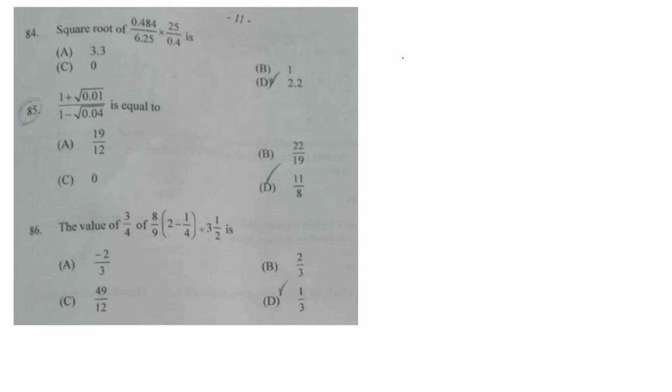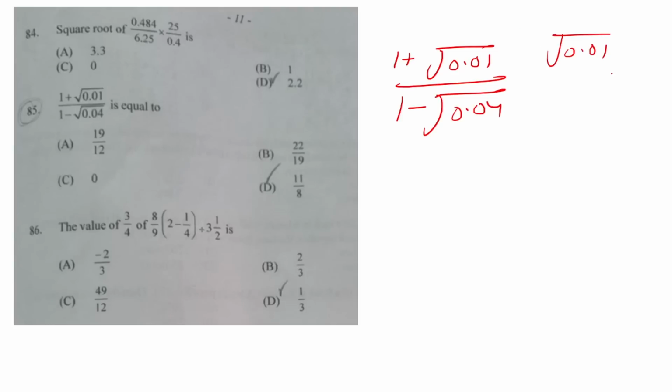Now question number 85: square root of 1 plus 0.01 divided by square root of 1 minus 0.04. The square root of 0.01 is 0.1, and the square root of 0.04 is 0.2.